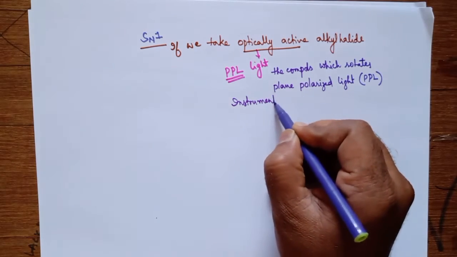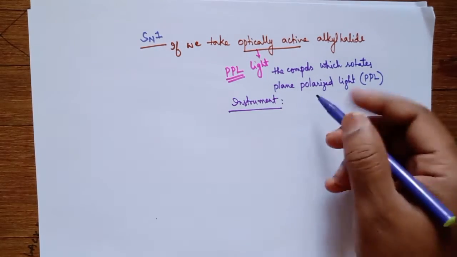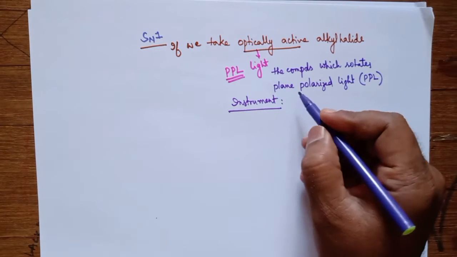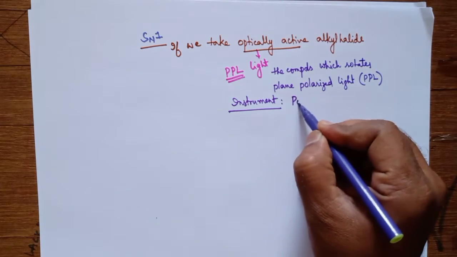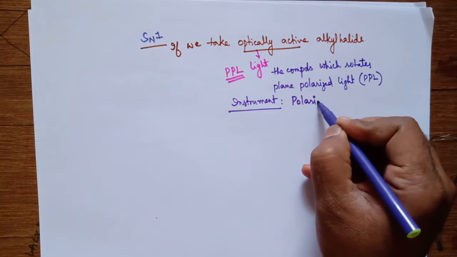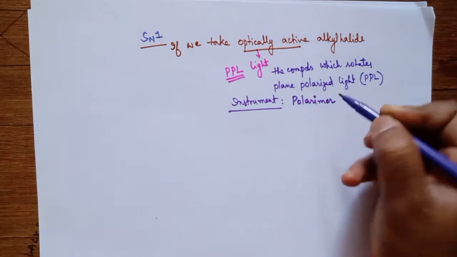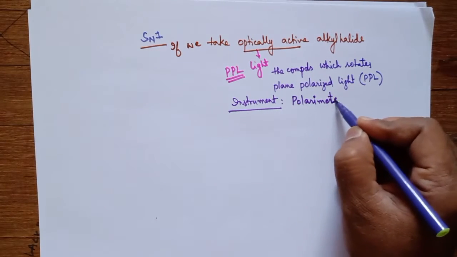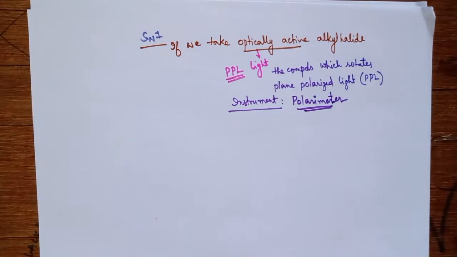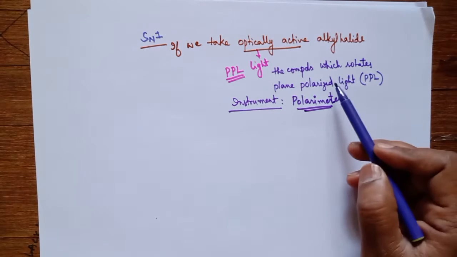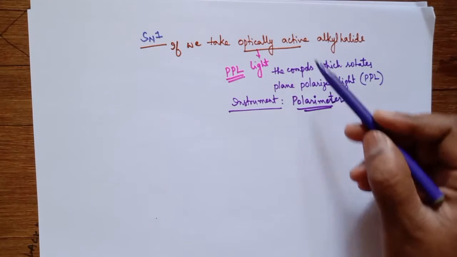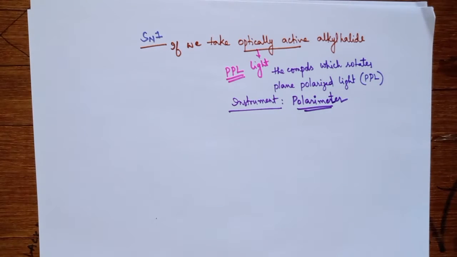You have studied the polarimeter in E1. The compounds which can rotate the plane polarized light, those compounds we call optically active compounds.